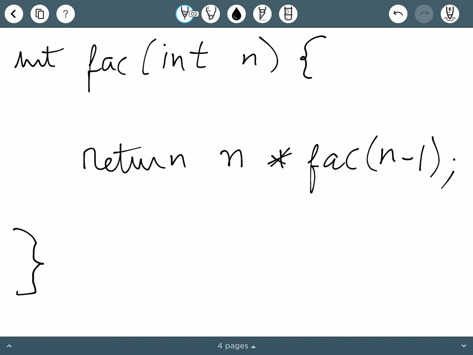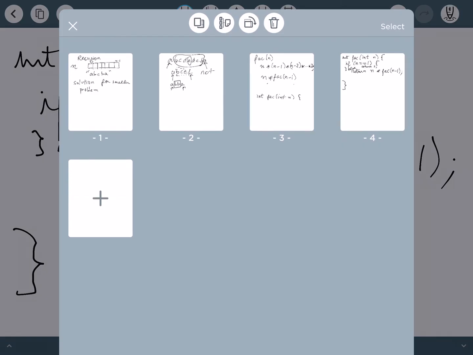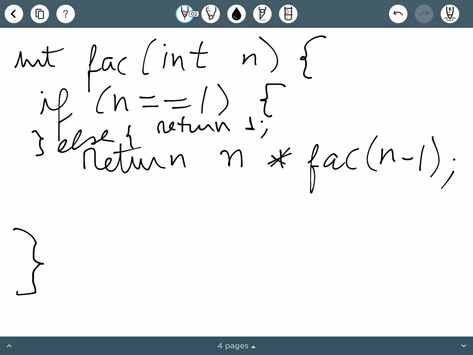So what is a small problem? When n is 1, the factorial of 1 is 1, right? So I can write: if n equals 1, return 1, else return n multiplied by fac of n minus 1.